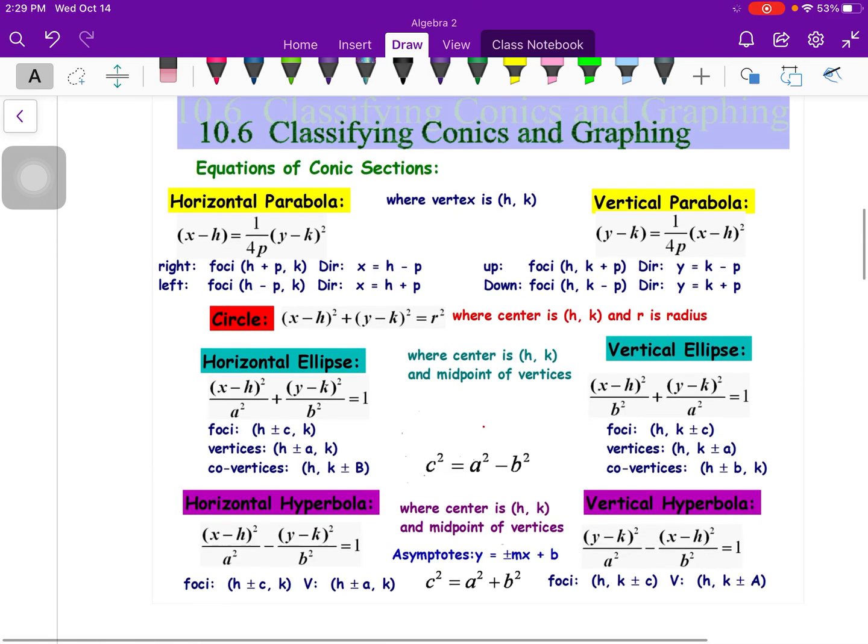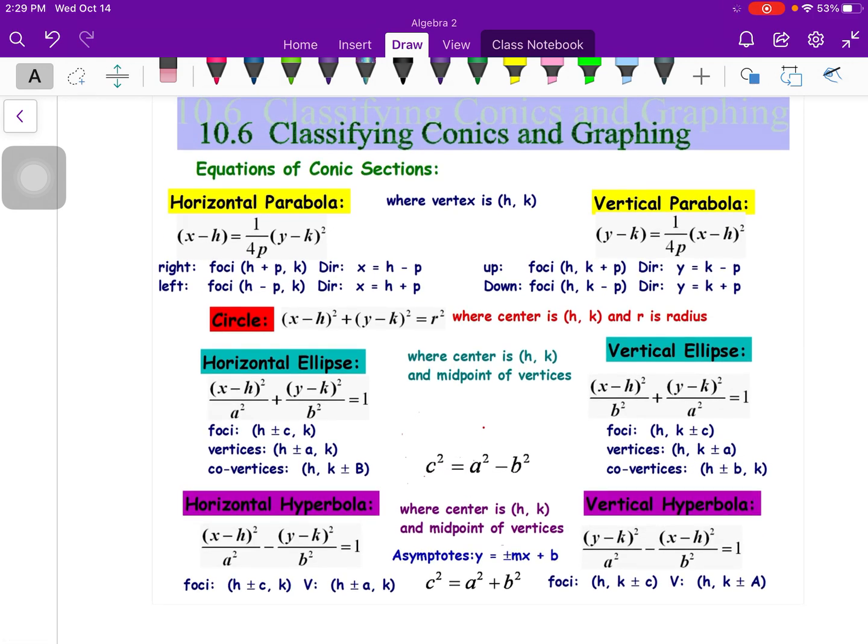And again, remember our standard forms of our conic equations. Parabolas are basically x equals 1 over 4p y squared, or y equals 1 over 4p x squared. Our circles are x minus h squared plus y minus k squared equals r squared.